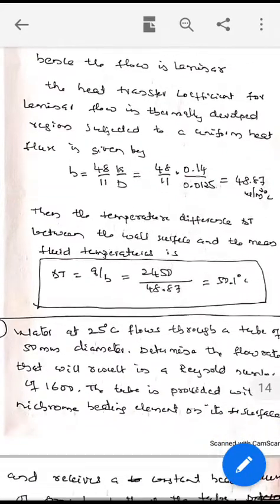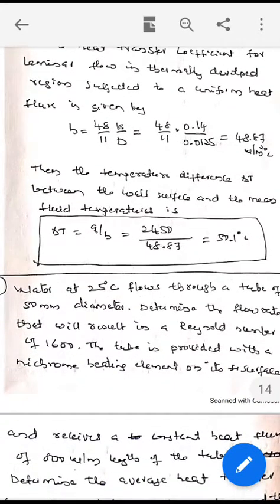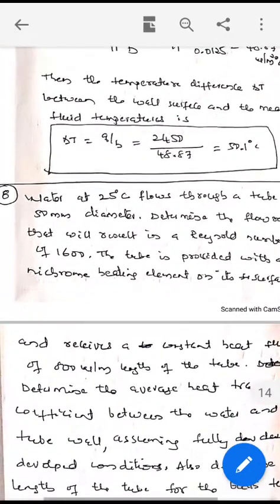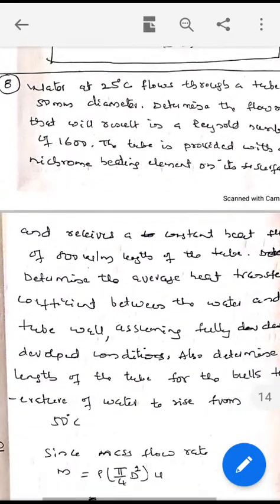Then he is asking the temperature difference between the wall surface and the mean fluid temperature, delta T. Q equal to hA delta T. Q is already given in terms of watt per meter square. Therefore, delta T equal to Q by h is equal to 50.1 degree centigrade. A simple problem it is.